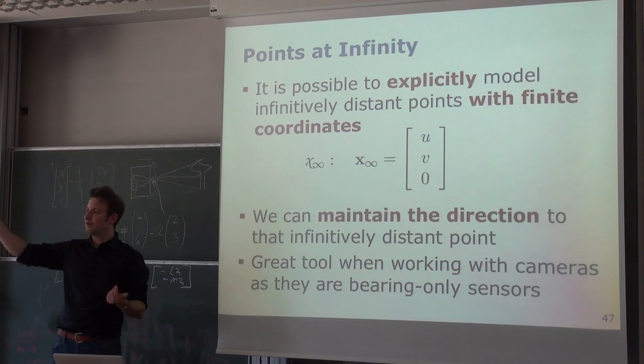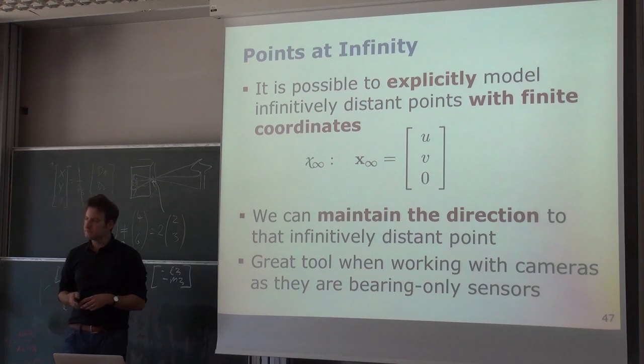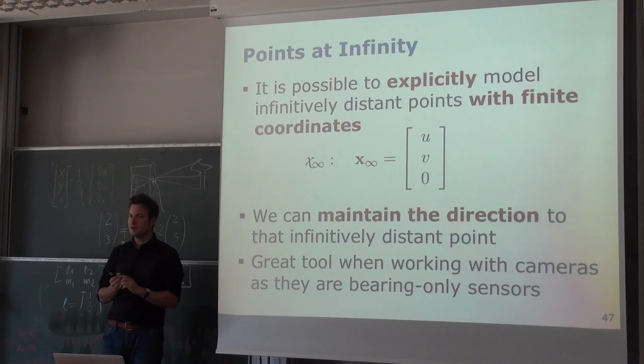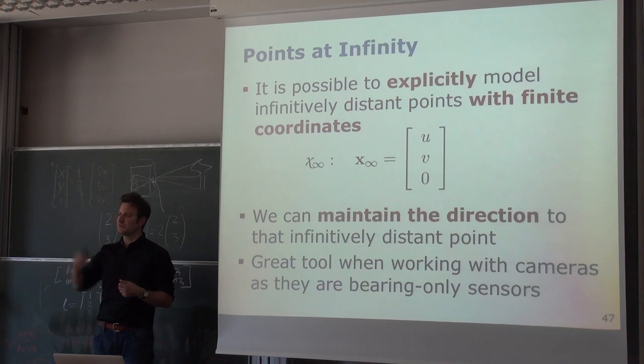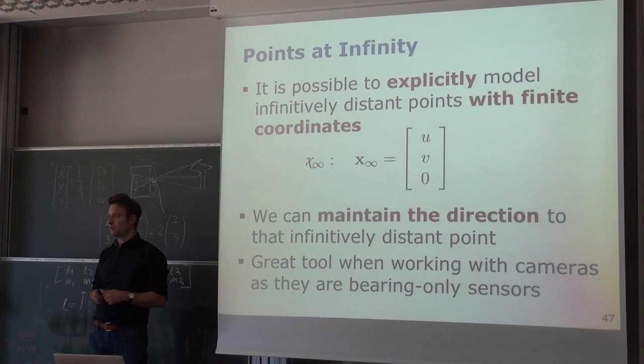And I can represent points which are infinitely far away. And of course, if I want to map back to Euclidean coordinates, if this last component is 0, I will get non-finite or infinite coordinates in the Euclidean world, because I cannot explicitly represent that with finite coordinates in the Euclidean world.